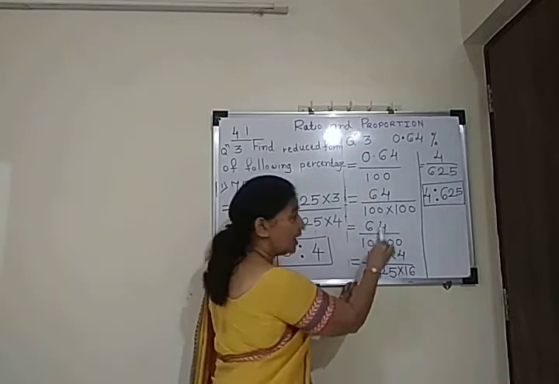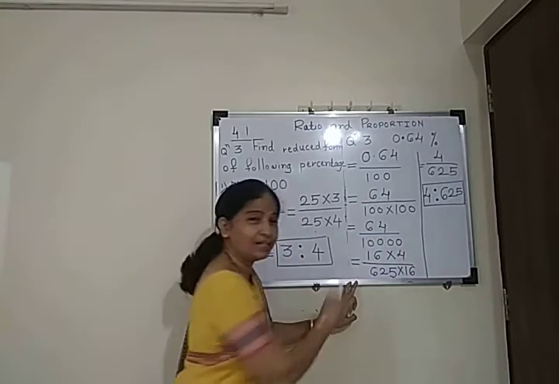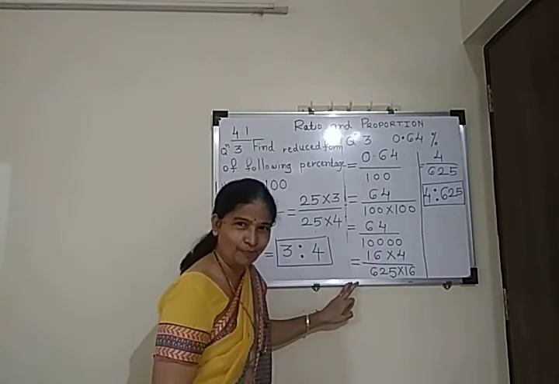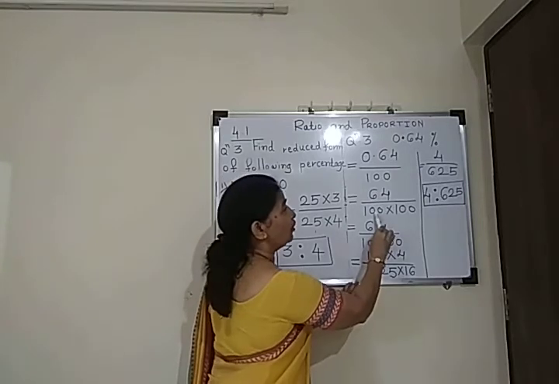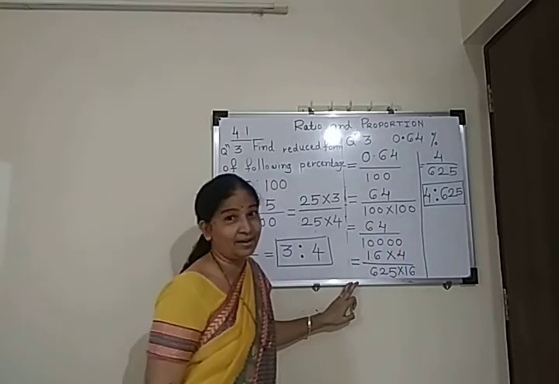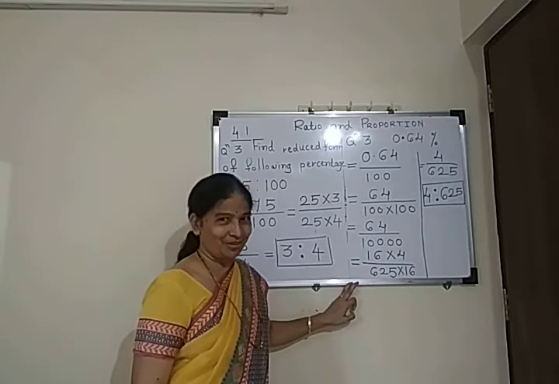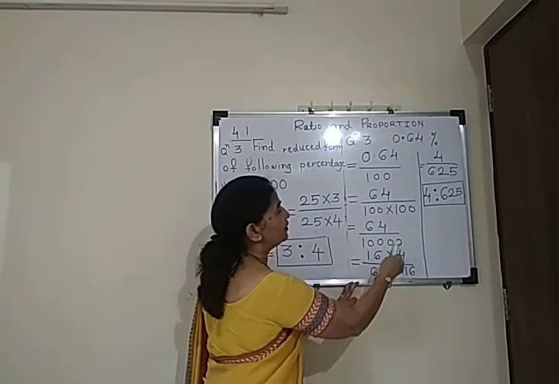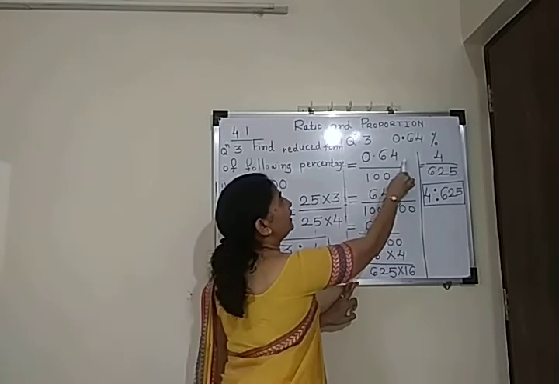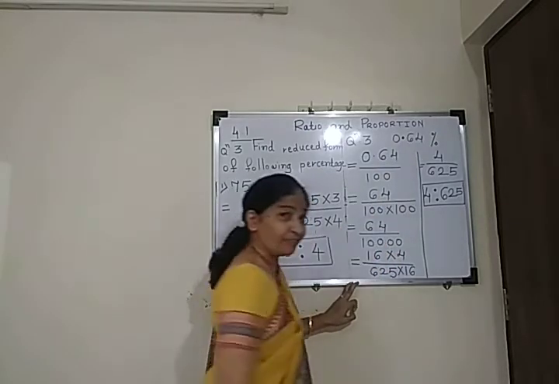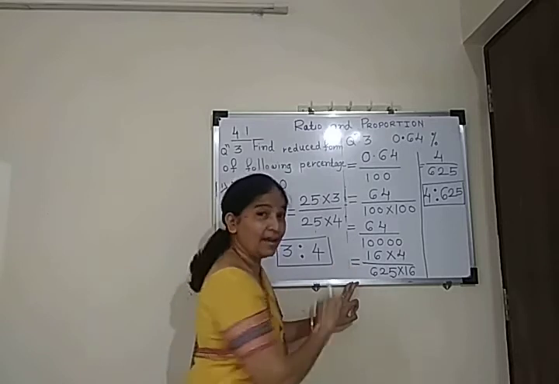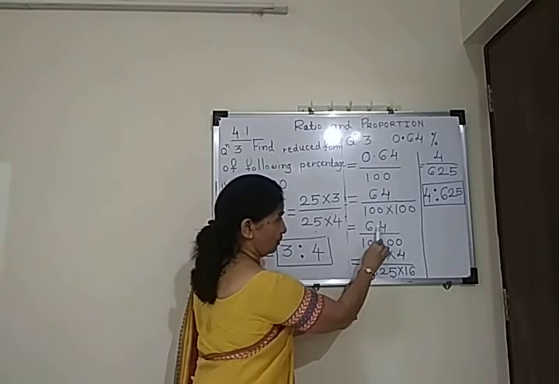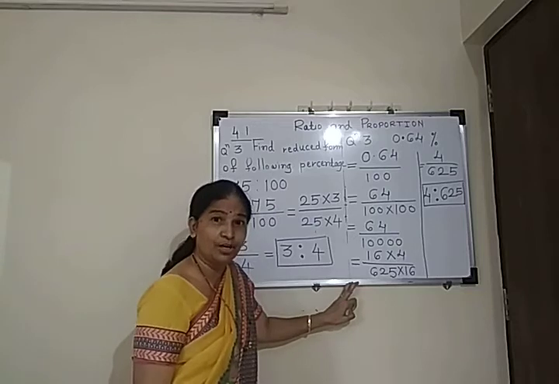So the example in front of me came as 64 in the numerator, and in the denominator 100 into 100 came as 10,000. Now this is simpler than the earlier one. Now I can reduce it: 64 upon 10,000.